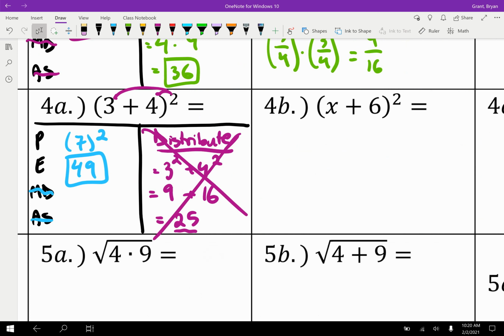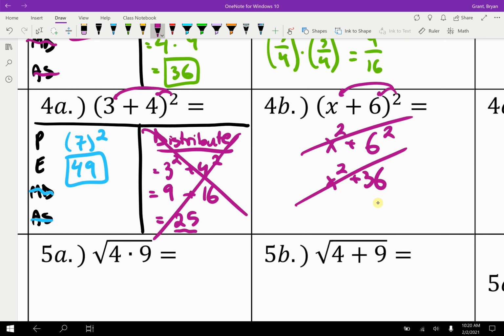So you might see this written on your papers if in class you try to distribute this and you're like, ooh, x squared plus 6 squared, that's x squared plus 36. You might see something like this and it might say kills puppies, and then there's going to be a sad face next to it, because we don't want to do that. I love dogs. I have a dog. I love puppies.